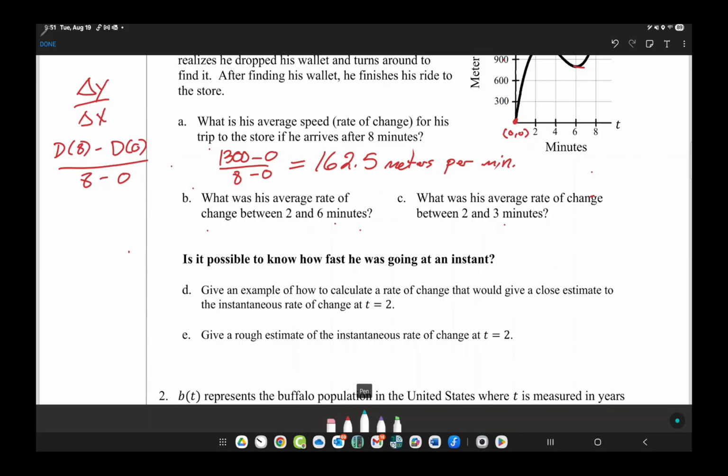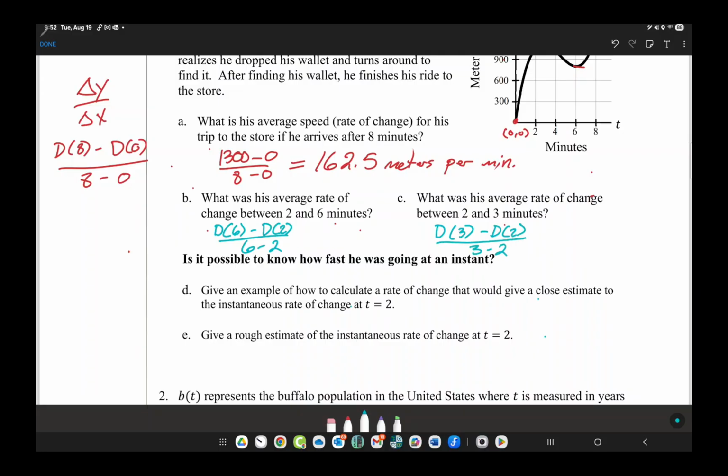If we were trying to find the average rate of change between the second minute and 6 minutes, we actually don't have values, but the setup would just be d of 6 minus d of 2 over 6 minus 2. How would you write it? d of 3 minus d of 2 over 3 minus 2.